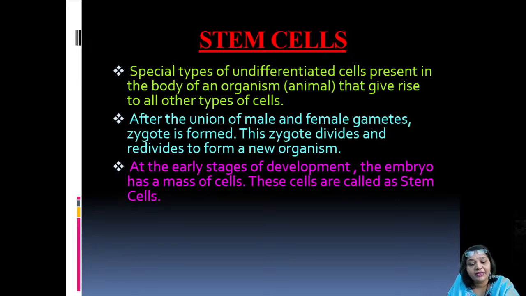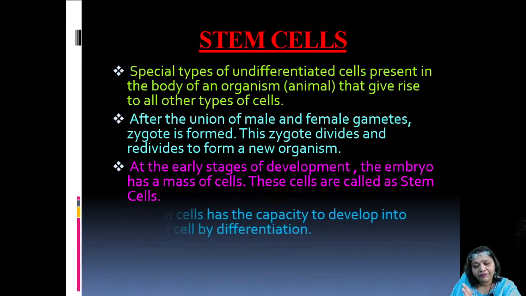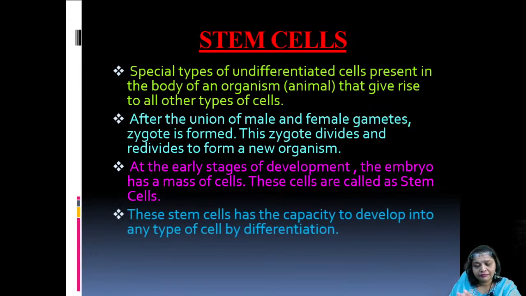The embryo has a mass of cells wherein the cells are grouped, they are not differentiated. They are a group of cells which are not differentiated into any other type. Each one has the capacity to develop into any other type of cell.